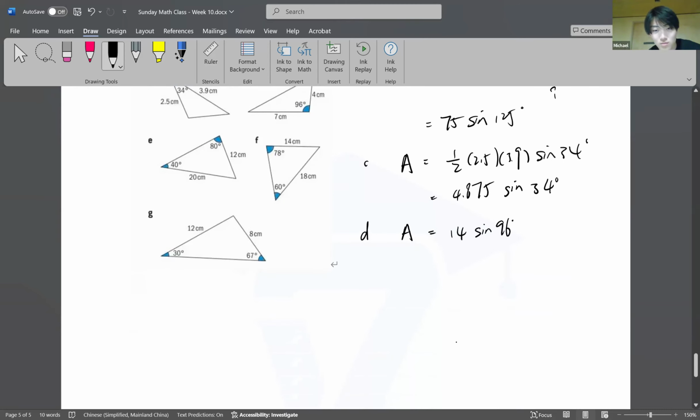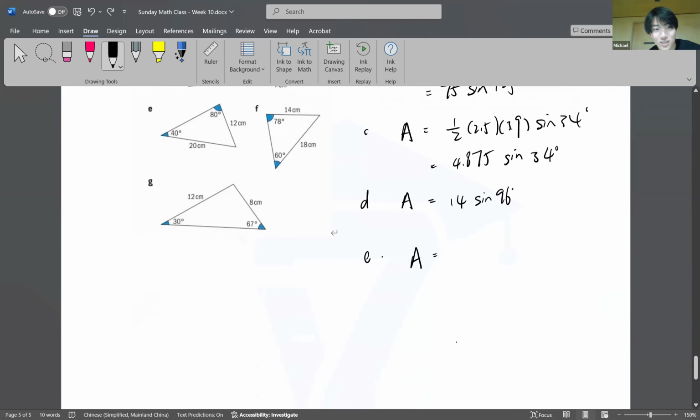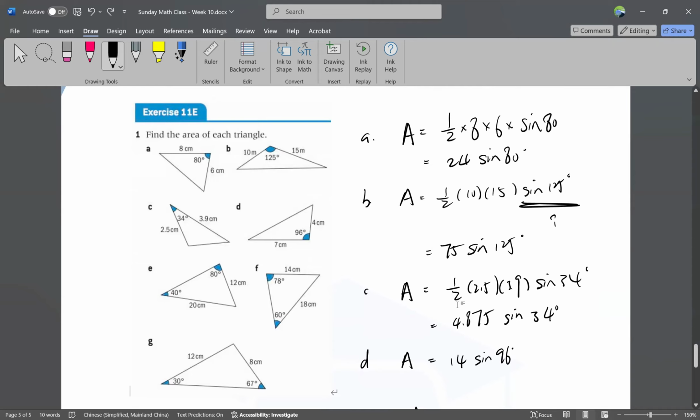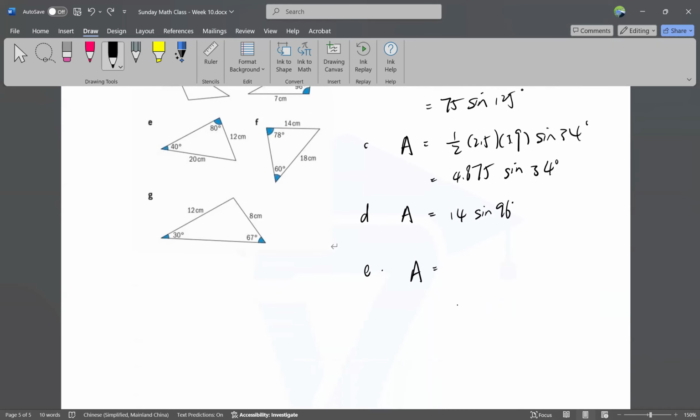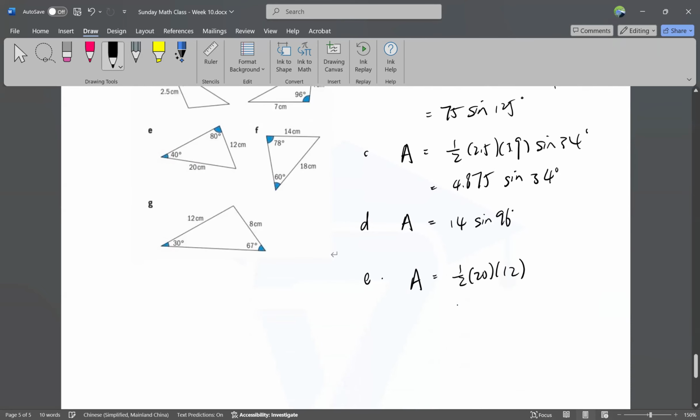Someone please check calculator for me. Someone check if this is correct. What is it? Question C. One C, yeah, C. Just C. 2.5 times 3.9 times sine 34 divide 2.